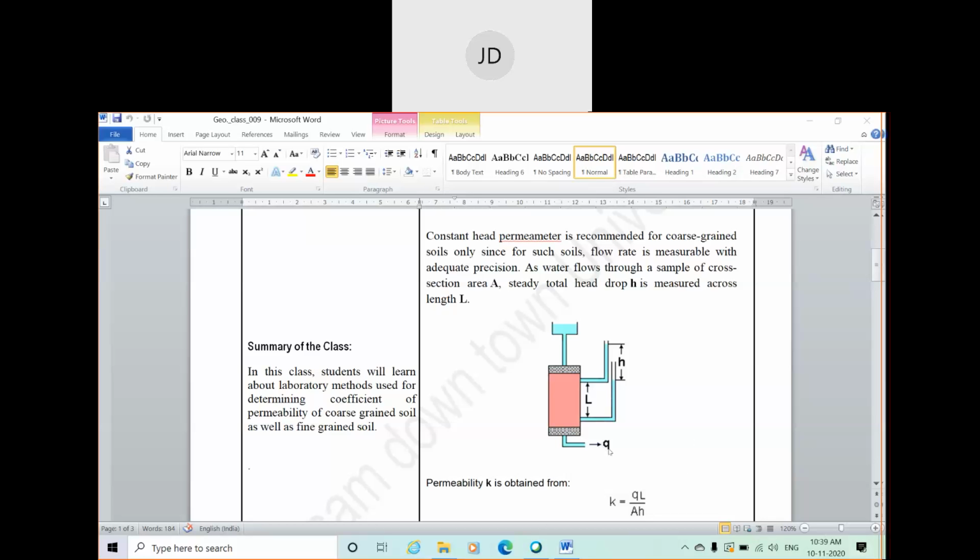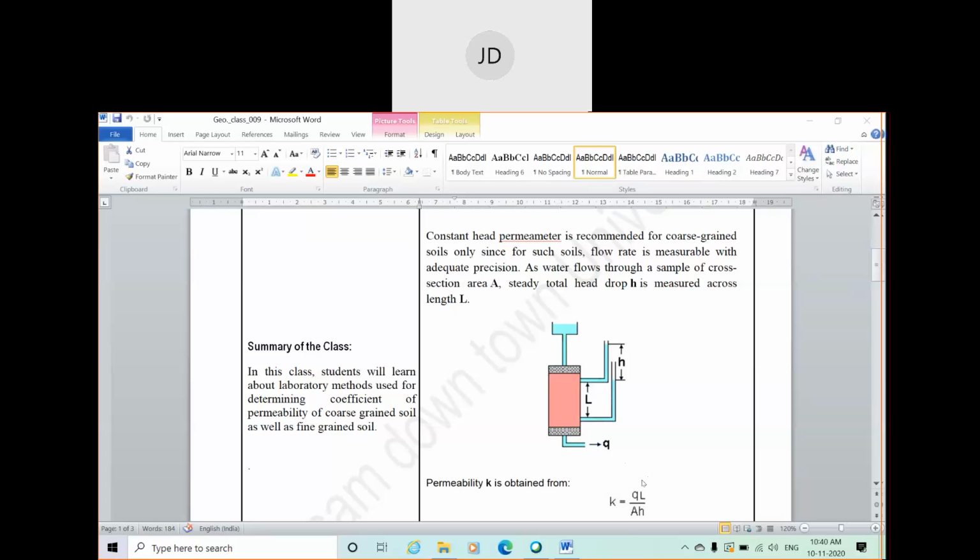Suppose you place a measuring tank or beaker here and start your stopwatch, and the water flows and is stored in the measuring tank. Within 1 minute, when you stop your timing, some amount of water will be stored in your measuring tank.